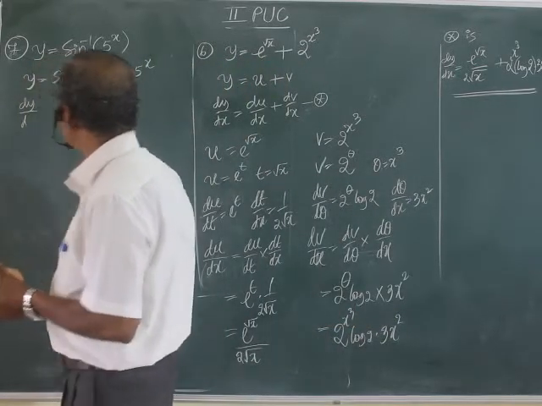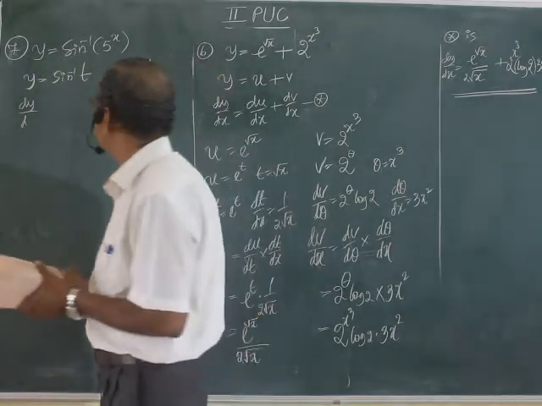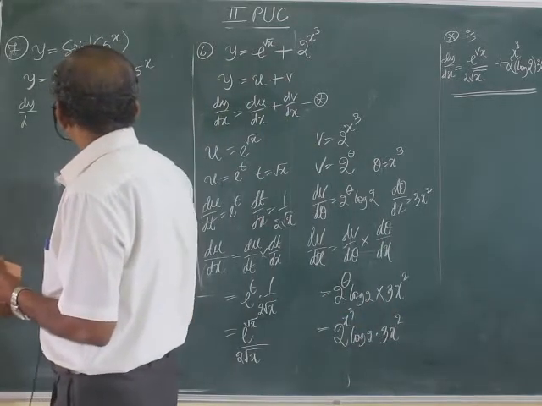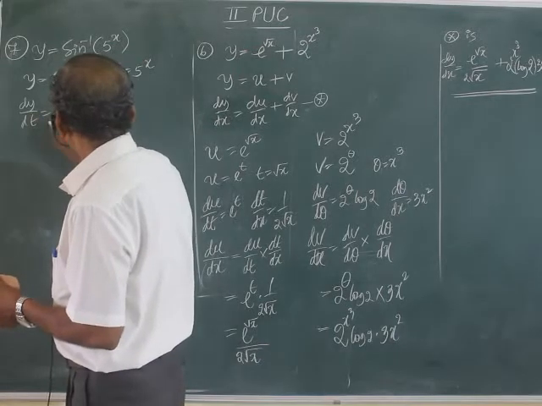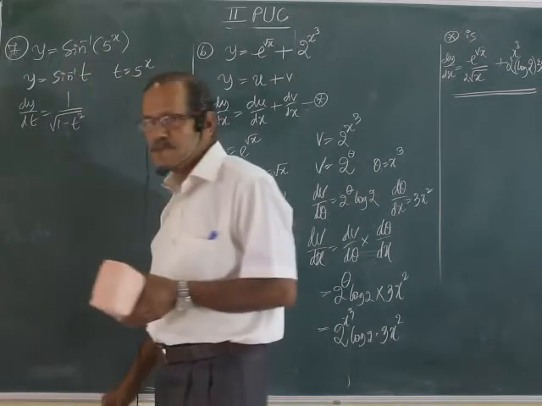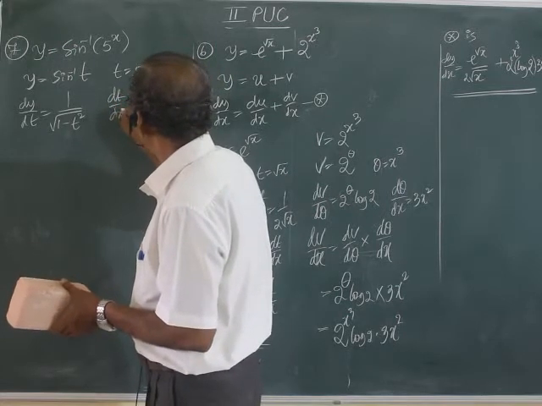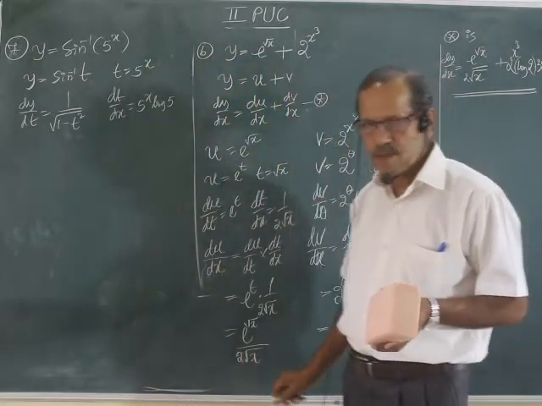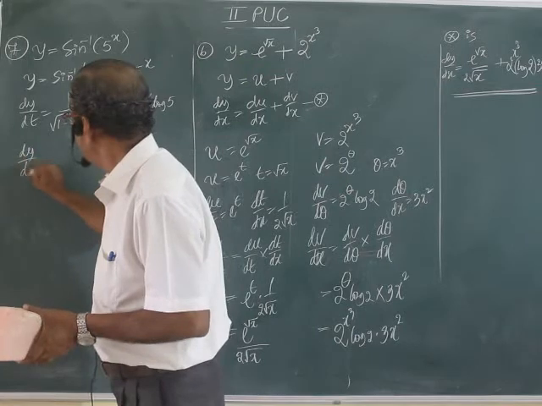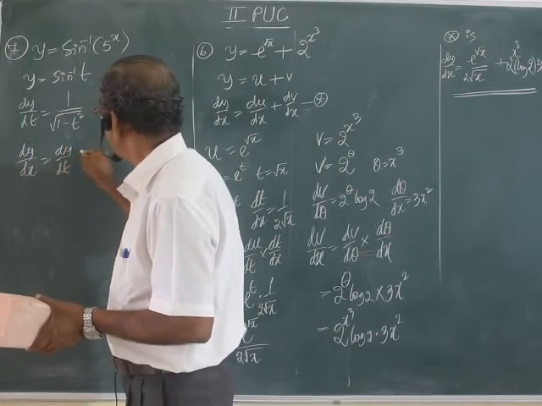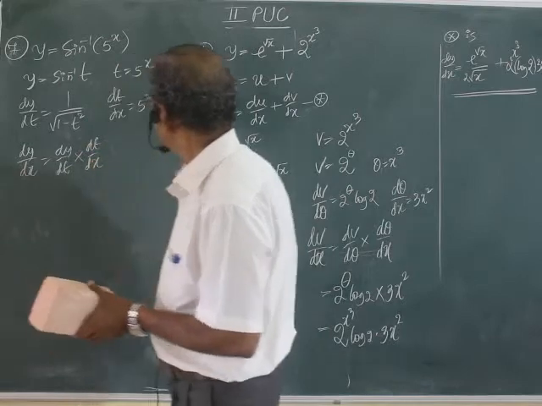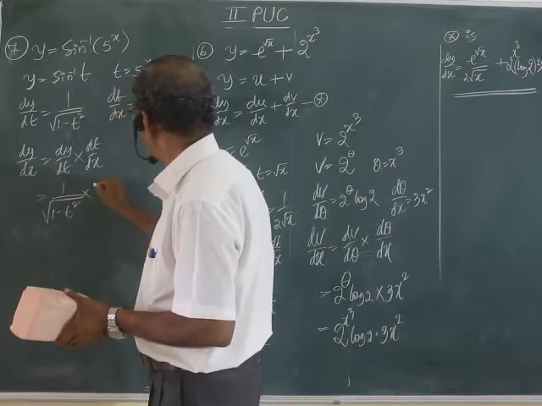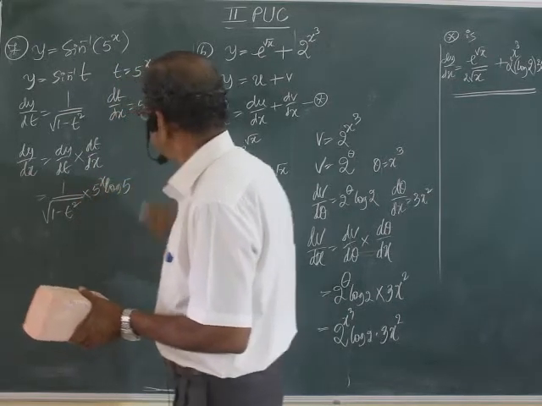dy by dt, dy by dt equals 1 by root of 1 minus t square. dt by dx equals 5 to the power x into log 5. dy by dx equals dy by dt into dt by dx, or 1 by root of 1 minus t square into 5 to the power x log 5.